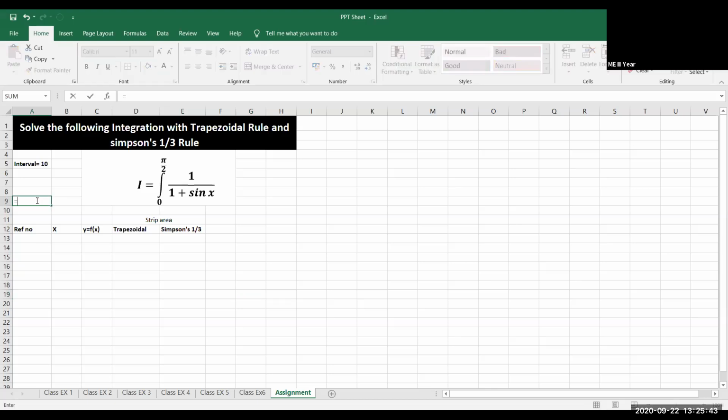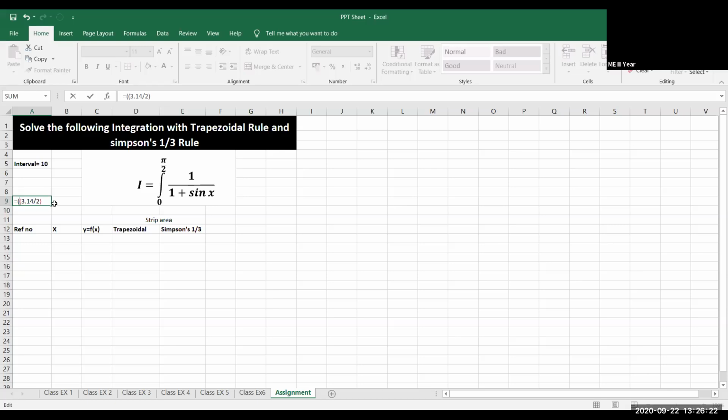I'm showing this as a hint for solving it yourself. So b minus a, where b is 3.14 divided by 2. Put in brackets again, because sometimes an error may come.